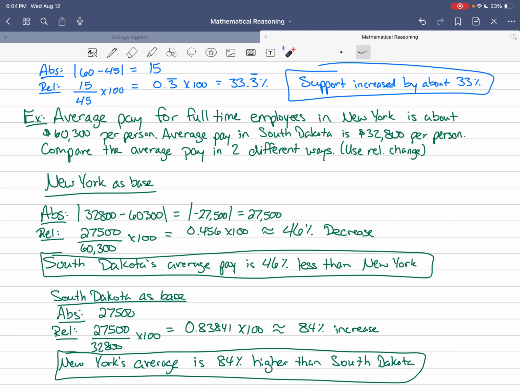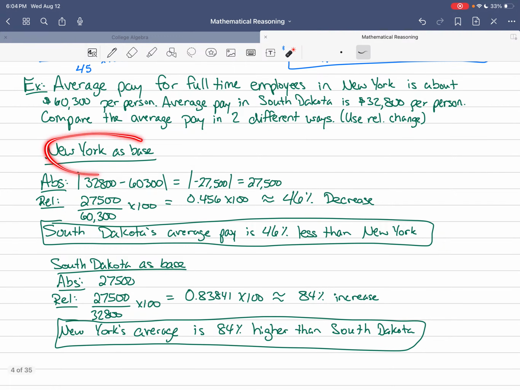With this relative change, it makes a difference as far as which you use as your base. Now, we typically put the base as whatever we started with. But in this case, we're just comparing two quantities. So by doing two different ways, we're going to use one state as the base, and then in the other one, we're going to use the other state and see how that affects the percentages.